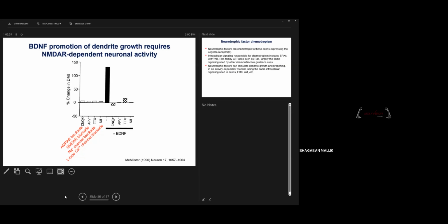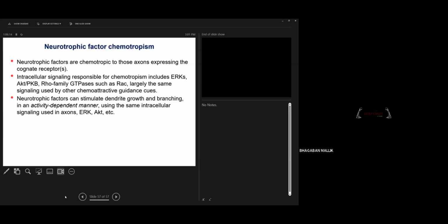But when they added the BDNF along with this blocker for the neuronal activity, you do not see neuronal growth. So that means you need activity for the neuronal growth. Okay, so that suggests. So this is the last slide talking about how neurotrophic factor is important for neuronal growth.